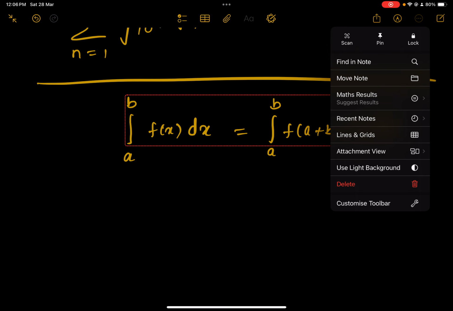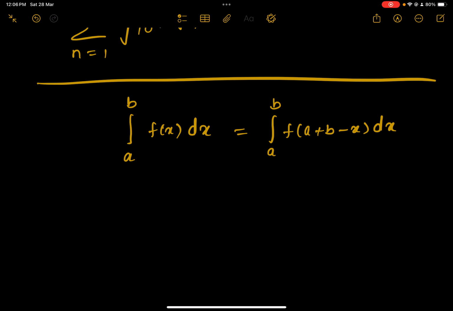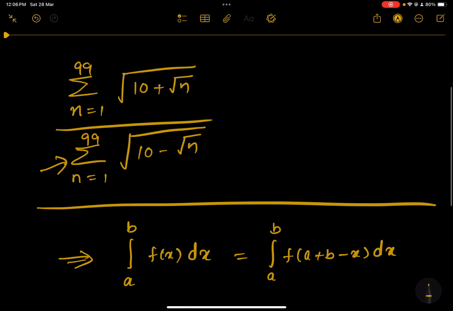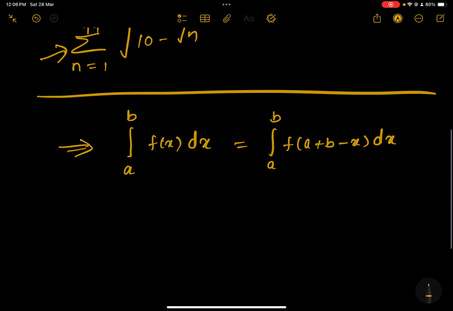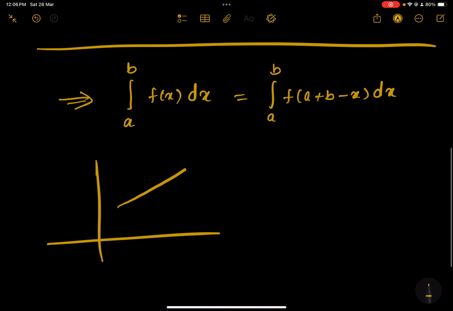Now what I'm going to tell you is that this King's rule can be applied even to summations, not just integrals. And why is this? Have you ever given a thought about this? What is an integral? If you have a curve, you have to calculate the area under this curve.